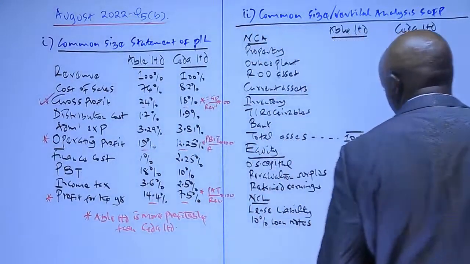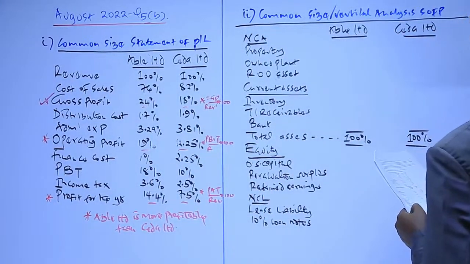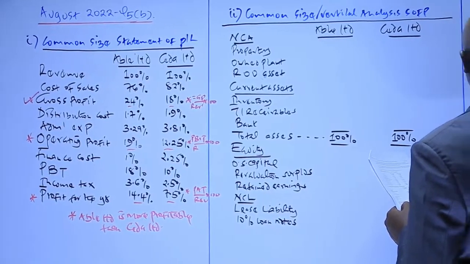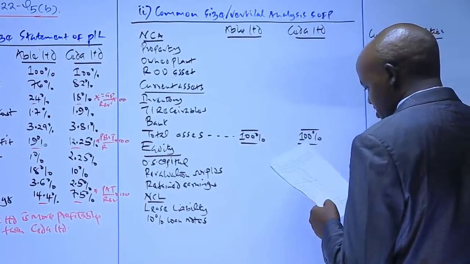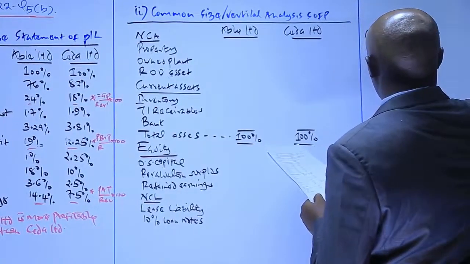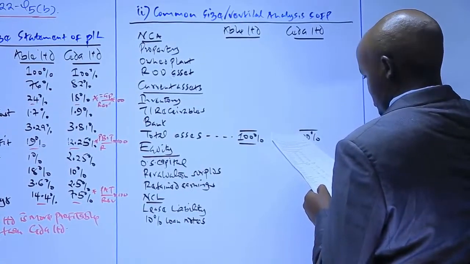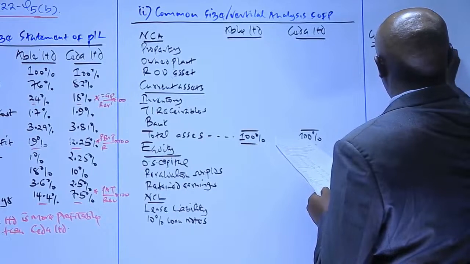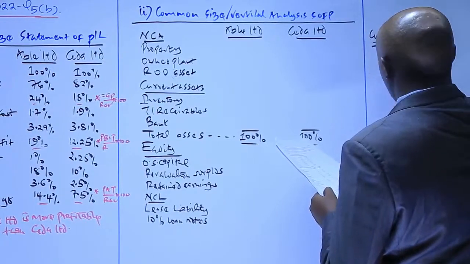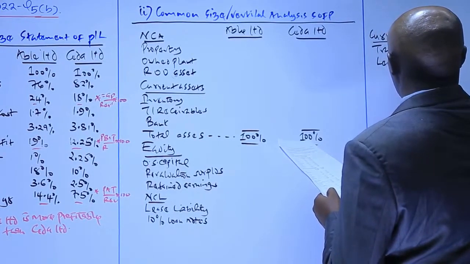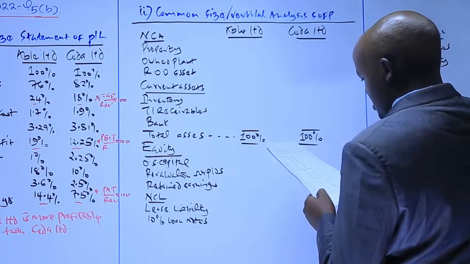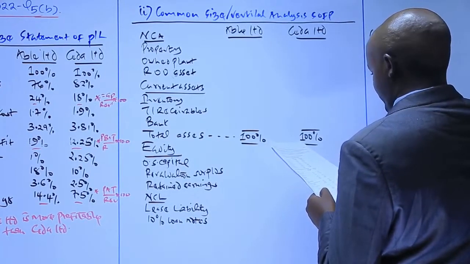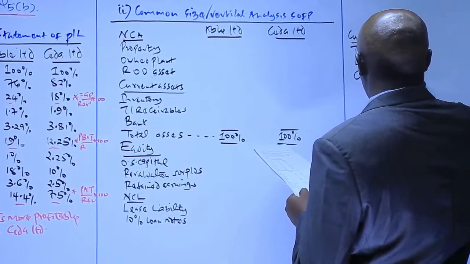And then from there we have current liabilities. For current liabilities, we have three: trade payables, lease liability, and finally current tax.